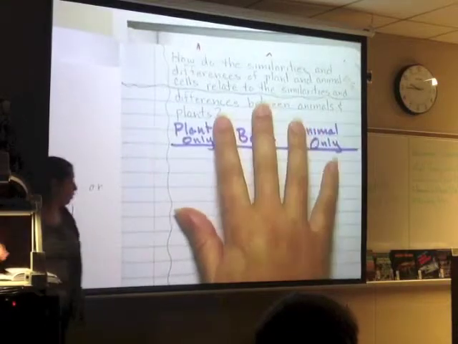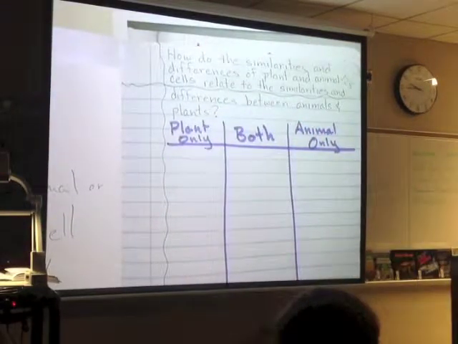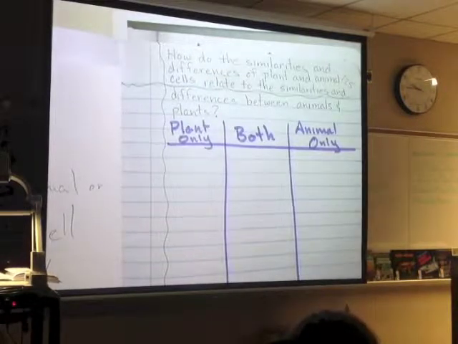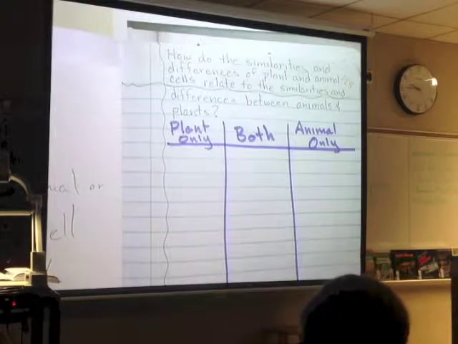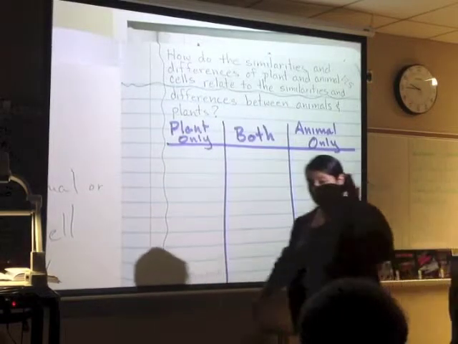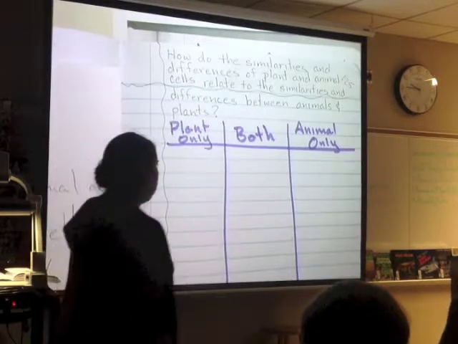That's where you're going to be putting it in there. But on page 125, you have your essential question: how do the similarities and differences between plant and animal cells relate to the similarities and differences between animals and plants? And Antonia's question brings us perfectly to what we're going to talk about today.